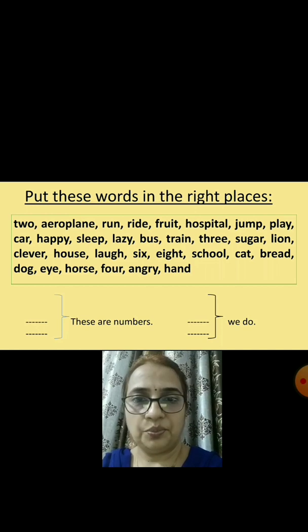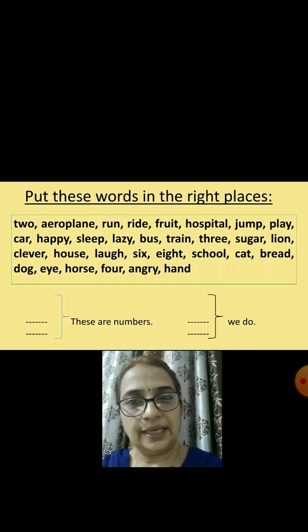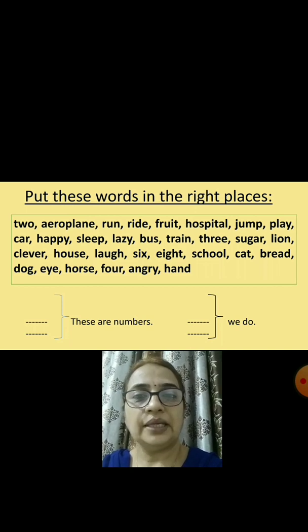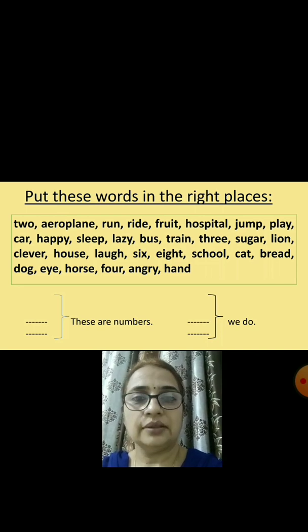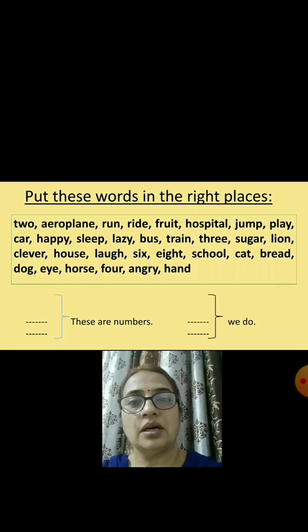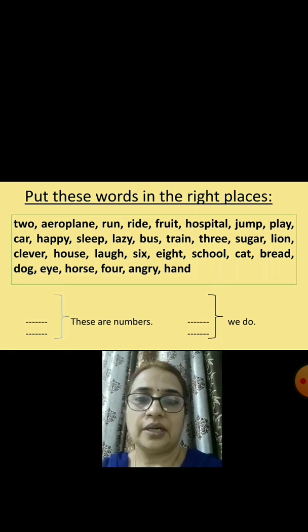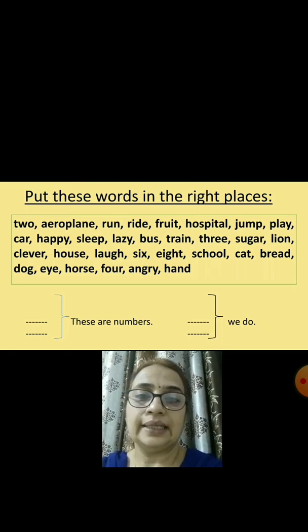To, aeroplane, run, ride, fruit, hospital, jump, play, car, happy, slip, lazy, bus, train, three, sugar, lion, clever, house, laugh, six, eight, school, cat, bread, dog, eye, horse, four, angry and hand.